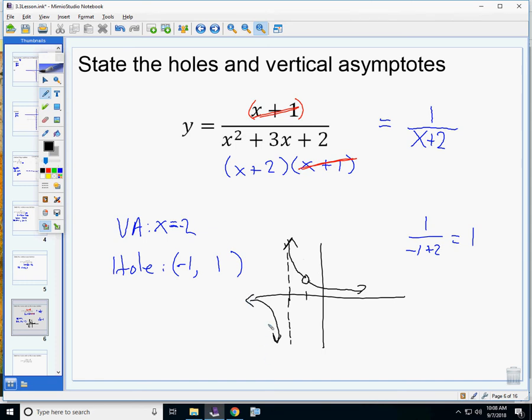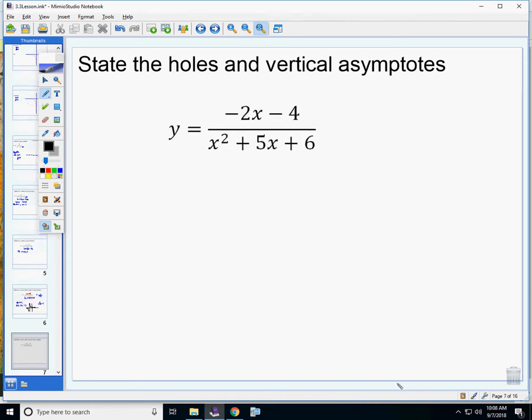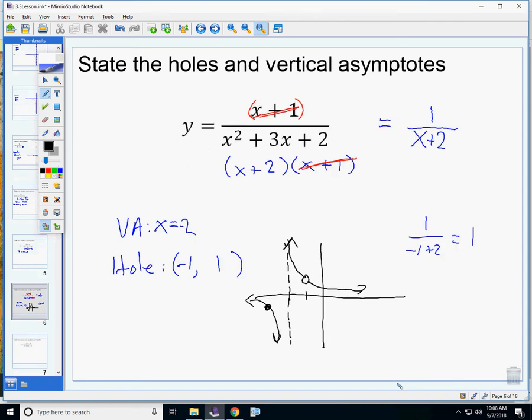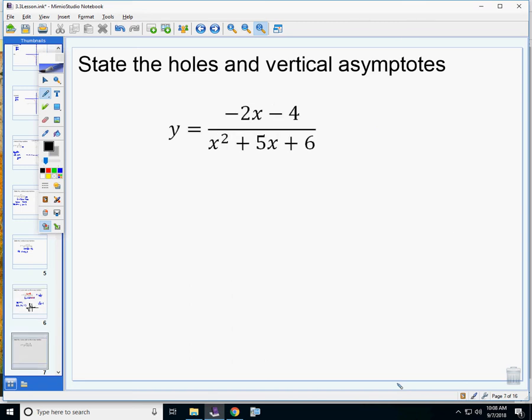Now we can always plug in numbers to check this to make sure that's how it works, but I'm guessing this is how it would work. So if I plugged in, say, a negative 3, I would get negative 1 as my answer, so it does come down through here. Okay. We'll talk more on how to graph these after we find horizontal asymptotes as well and intercepts.